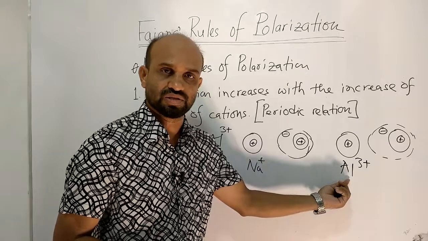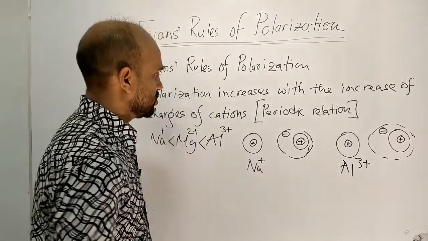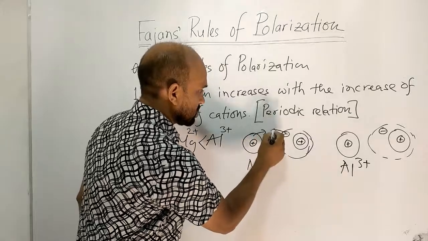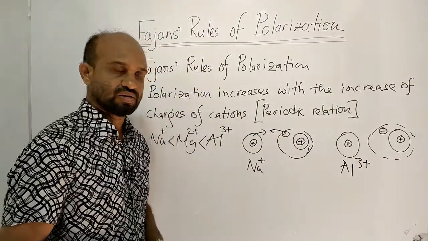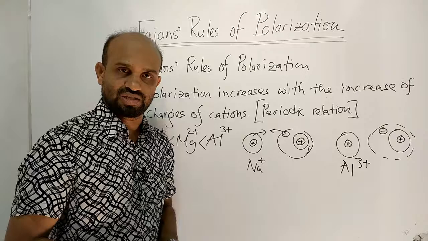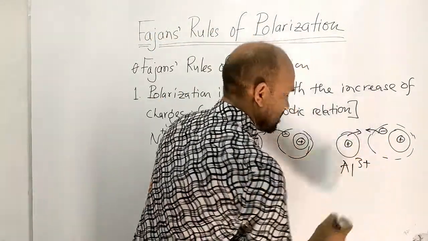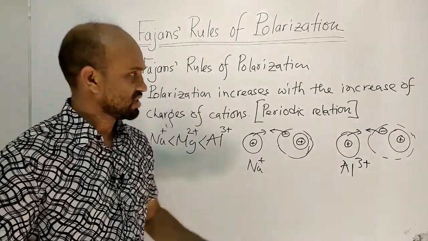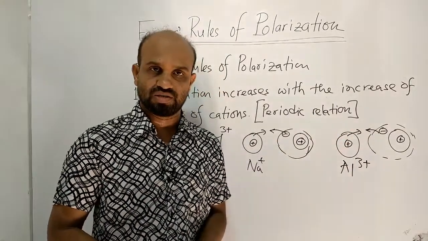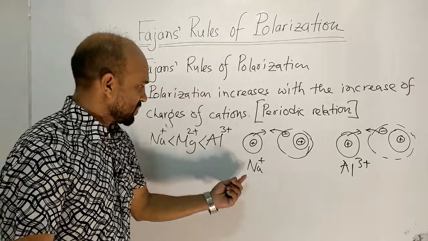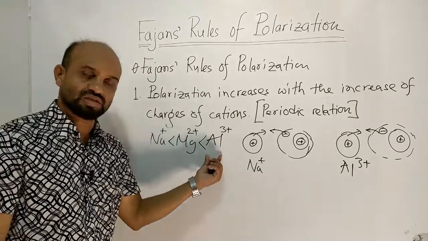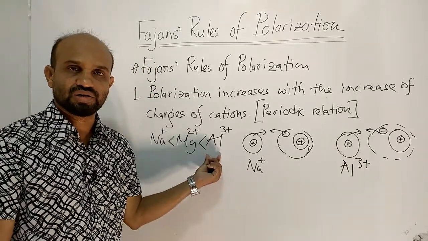Here 3+. This is high charge. So low charge, low attraction and less polarization. Here high charge, high attraction and more polarization. So that is why in this case polarization will be greater.